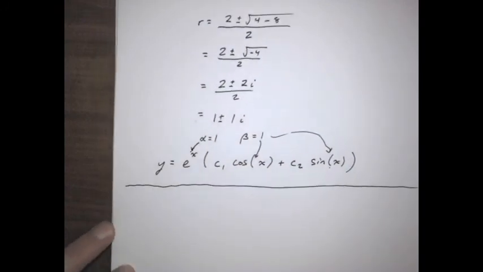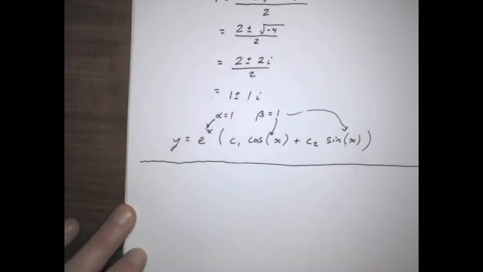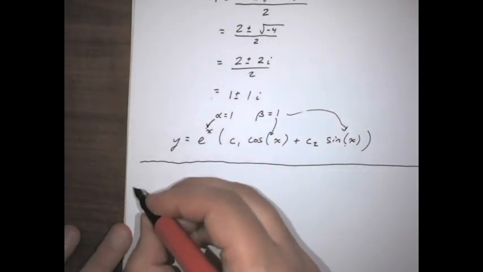Now to find the values of c1 and c2 in any of these cases, we need some initial conditions. But now, because we have two unknowns, we need to have two pieces of information to solve it. So that requires two initial conditions.